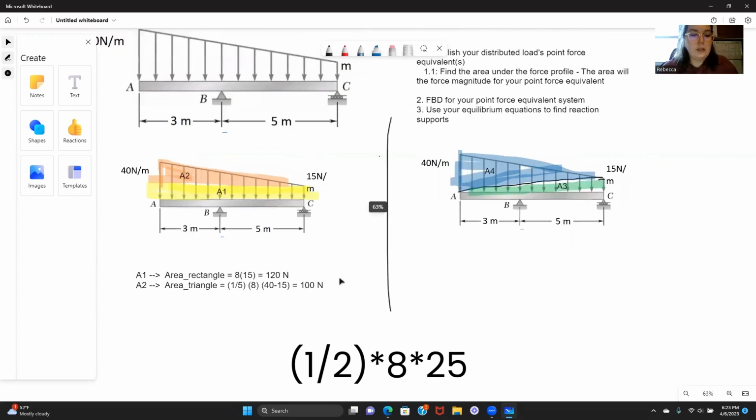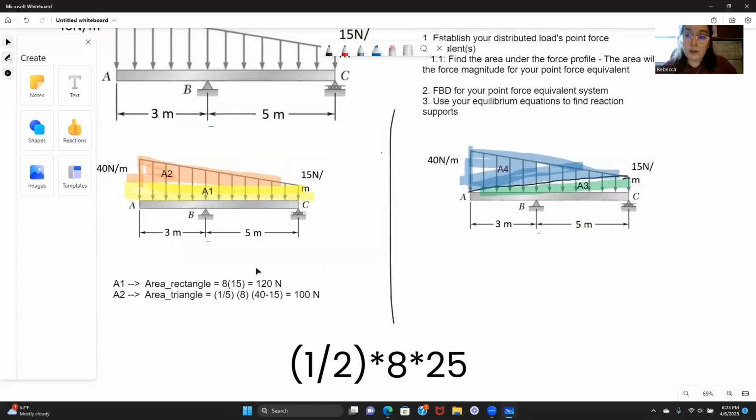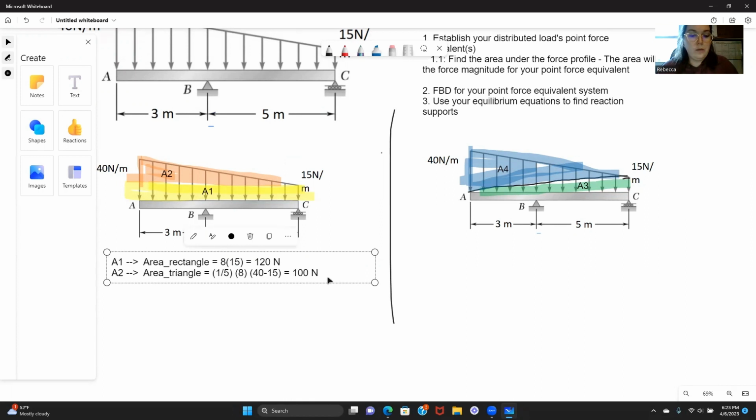Let's then look at our centroid, which is going to tell us where these forces are acting. So I want to find the centroid of each of these areas. The centroid for area 1, let's call that x1, is going to be the centroid of that shape.